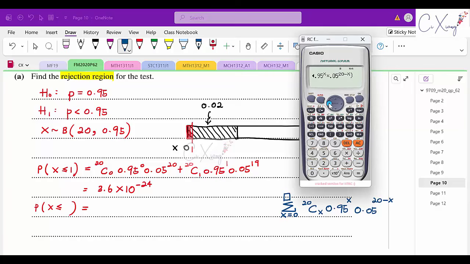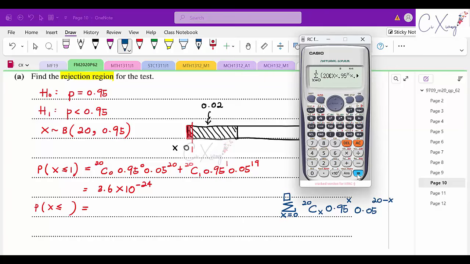When I want to sum them up together, I have to start from the value of x equals to 0, so the lower limit I put as 0. Because we just want to try out x smaller equals to 1, the upper limit I put as 1. This means you substitute x equals to 0 into the equation, then plus substitute x equals to 1 into the equation and get the answer.